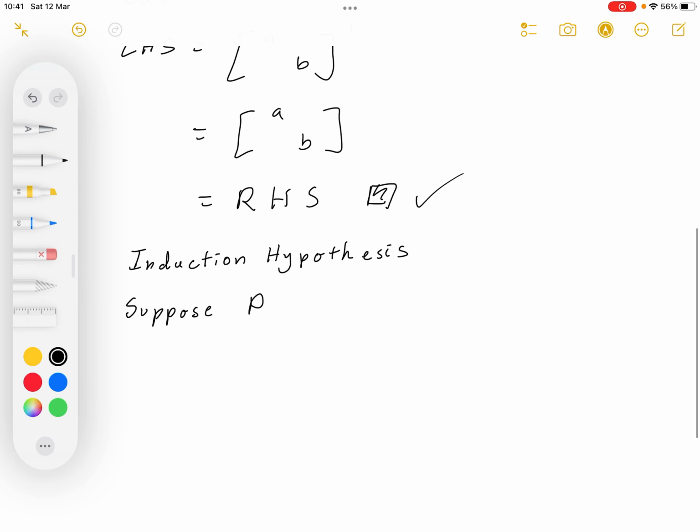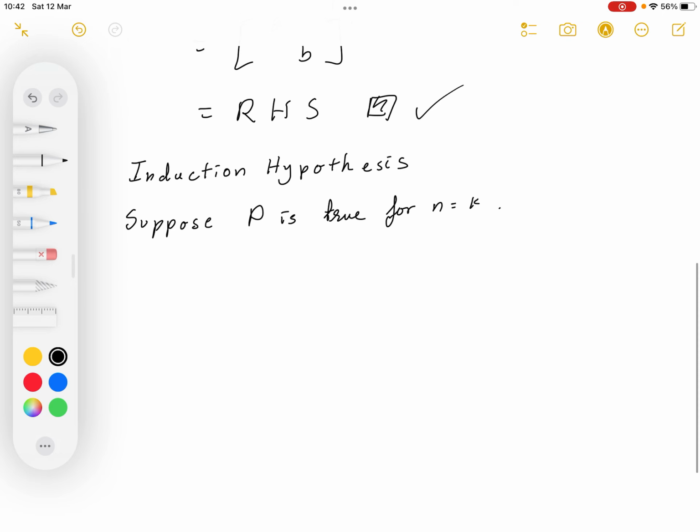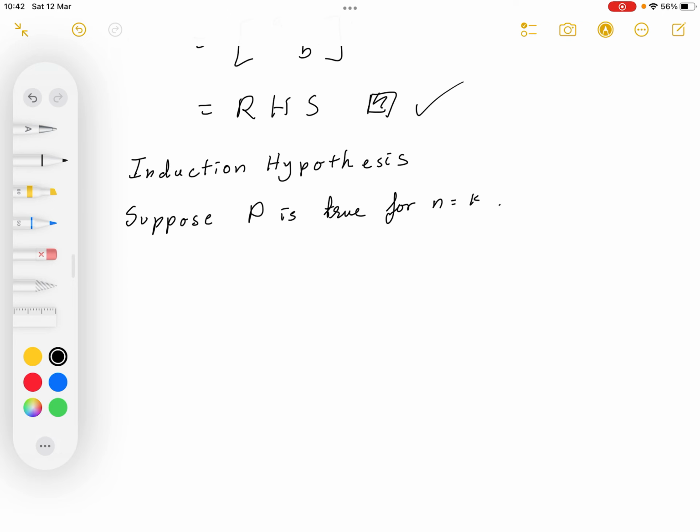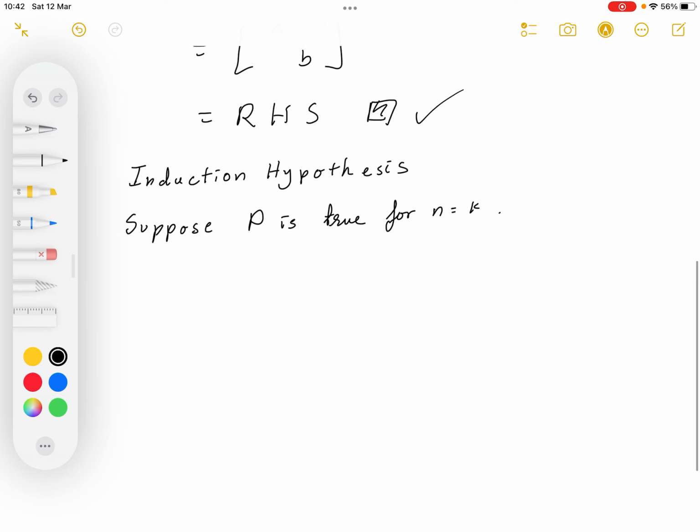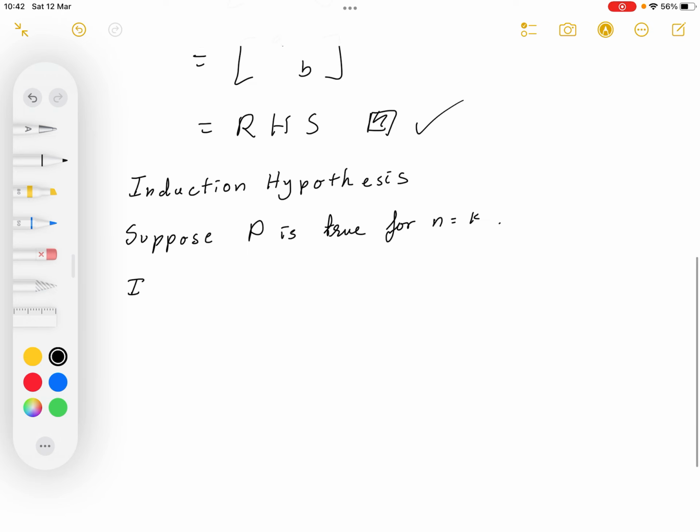Suppose P is true for n equals k. Okay, and now we have to do the inductive step.